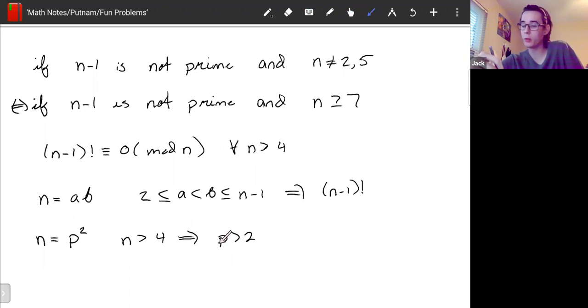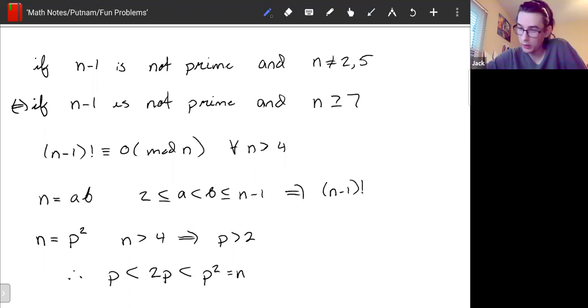So we know that whatever the prime is, it has to be greater than 2. Therefore, we have that p is less than 2p, which is less than p squared, which equals n. And we get this inequality because we're just multiplying by 2. And we get this one because the square is going to be larger than the double, because we know that p is going to be greater than 2.